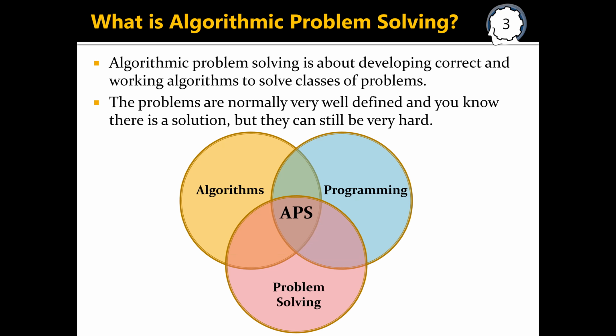And then we have this problem-solving aspect: how to take a general problem, how to break it down into smaller parts, how to identify the key dimensions, and so on and so forth. That's the problem-solving part. And this algorithmic problem-solving course is then in the intersection of these three areas.